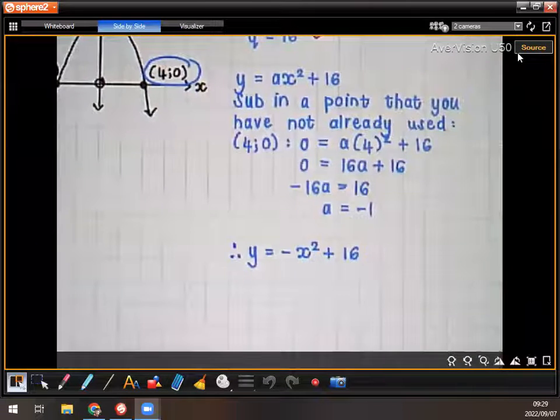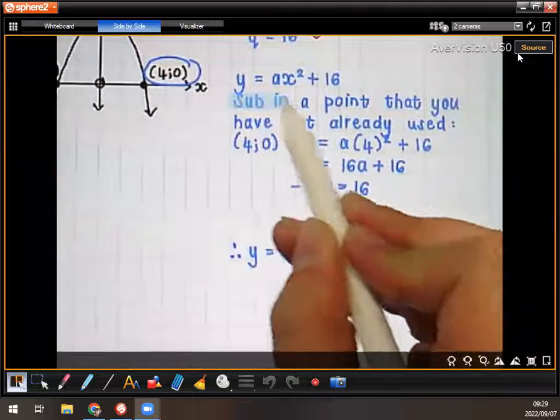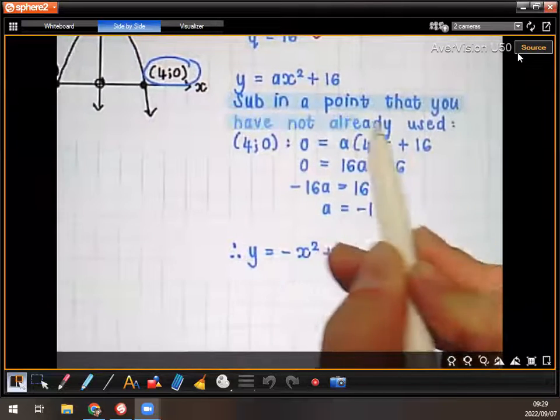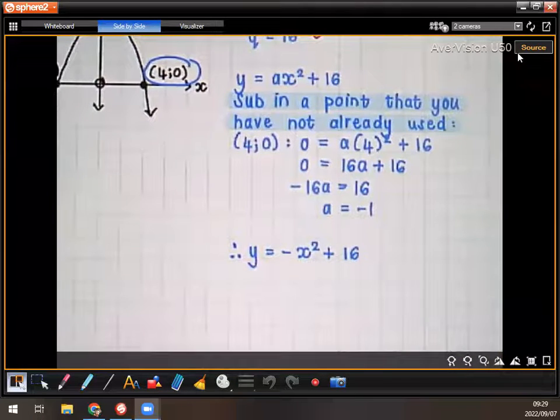Guys, I would like you please to highlight where we wrote here, sub in a point that you have not already used. This is such a valuable method. We're going to keep using this method in AP and grade 11 and grade 12 when we're finding the equation of graphs and when we're just working with graphs in general. Often we're going to have to sub in a point.